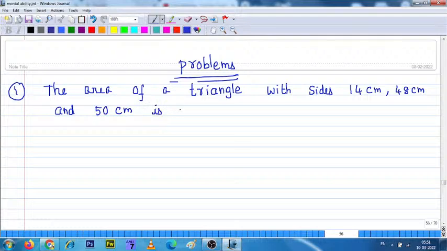What is the area of the triangle whose sides are 14 centimeters, 48 centimeters and 50 centimeters? Okay, right. How to find this area of a triangle? అంటే 14 సెంటీమీటర్లు, 48 సెంటీమీటర్లు, 50 సెంటీమీటర్ల పొడవులు, భుజాల పొడవులు కలిగిన త్రిభుజం యొక్క వైశాల్యం కనుక్కోవాలి.